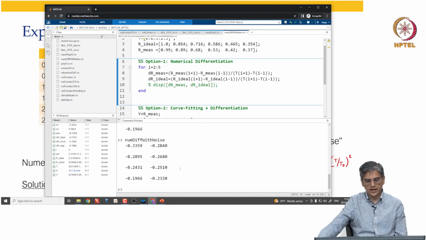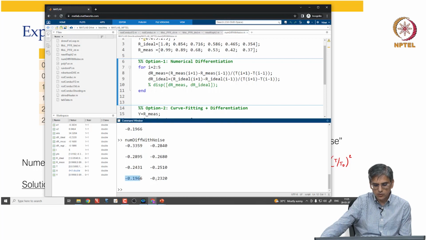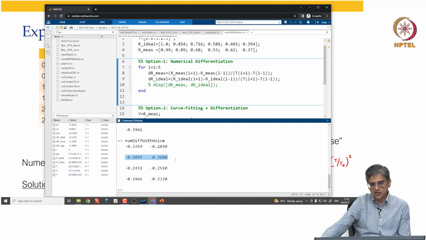As you can see, the overall difference between the numerically calculated derivative and the actual derivative, if there was no noise in the data, has been decreased for most of the data points. Again, sometimes, not always, you will have that decrease.